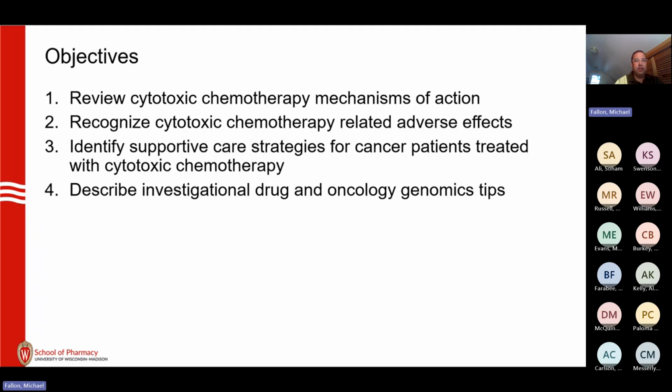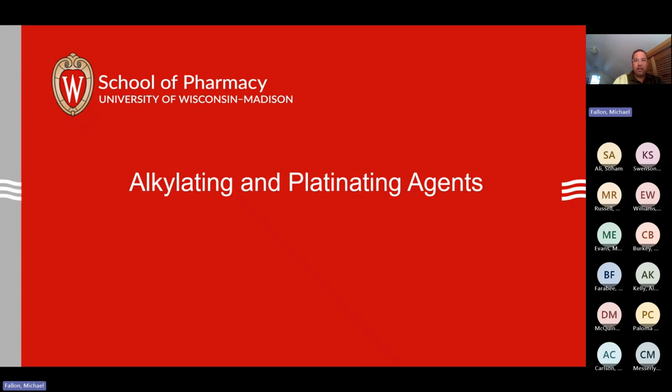For today, we'll talk about mechanisms of action, adverse effects, supportive care strategies, and then a few slides on investigational drugs and oncology genomic tips, especially from the pharmacy point of view. We'll start with alkylating and platinating agents.